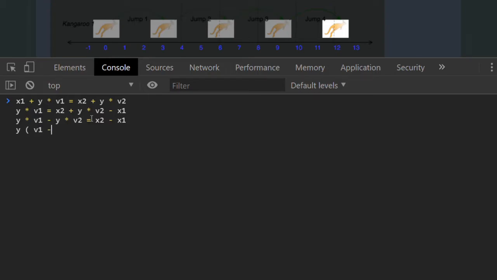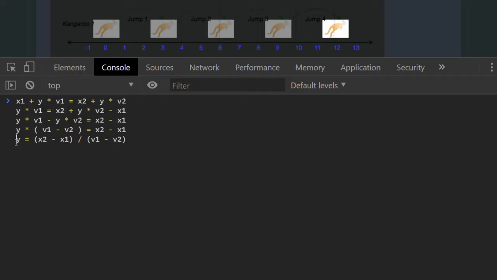So y times v1 minus v2 equals x2 minus x1, and now divide it. So y should be equal to x2 minus x1 over v1 minus v2. So the number of jumps should be equal to this.